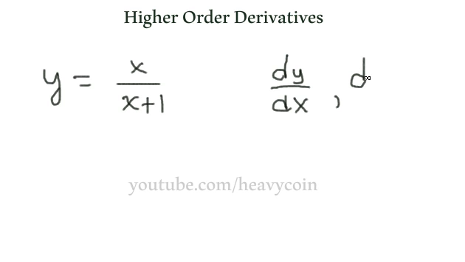But if I said we need to find d2y over dx squared, this is the notation for the second derivative, just using different notation here. So this right here is going to be the second derivative. We want to find the second derivative.